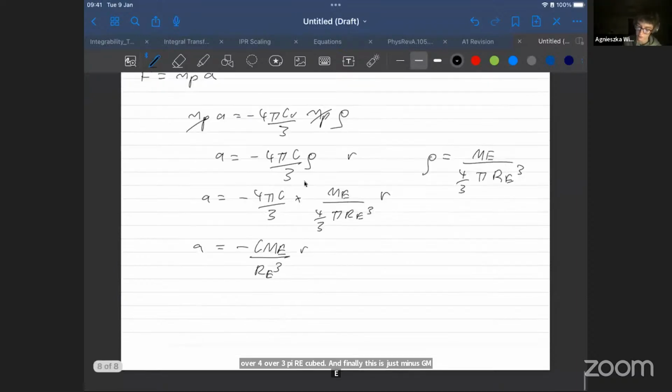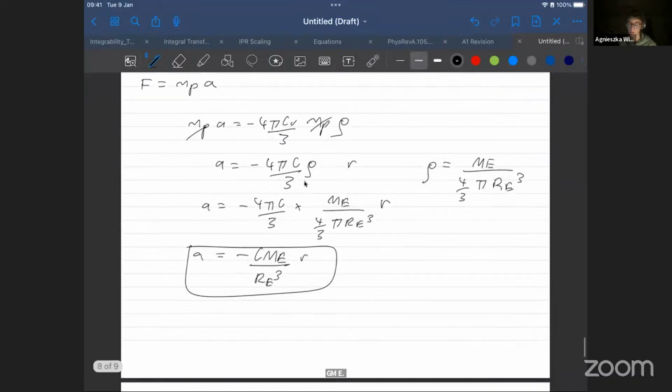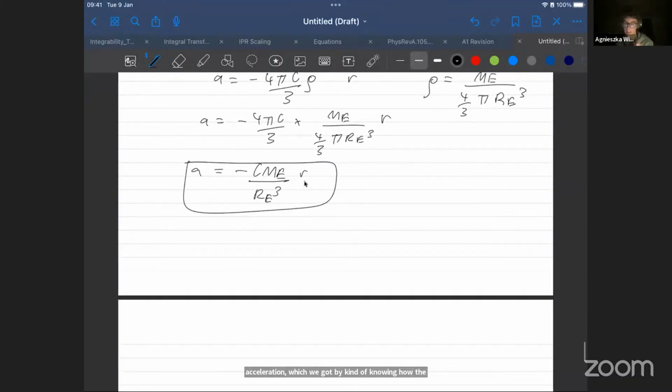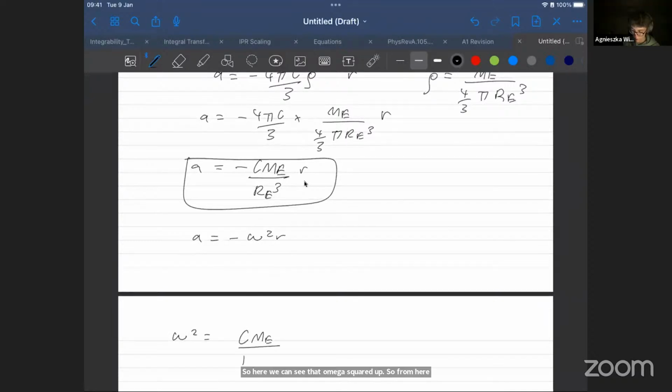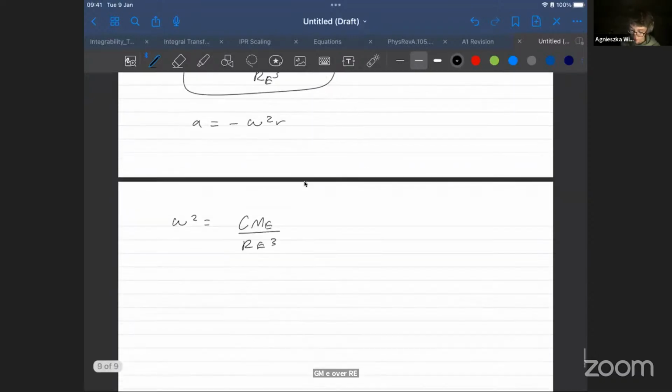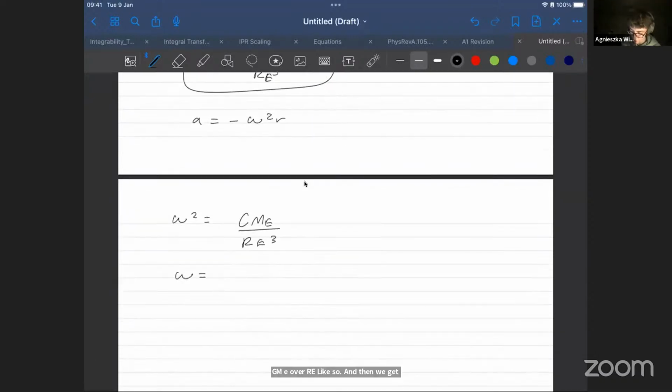So we have an expression for the acceleration, which we got by knowing how the gravity varies inside the Earth. Nice. But we know from simple harmonic motion that the definition of acceleration is that a is equal to omega squared r. So from here, we can see that omega squared is equal to G M_e over R_e cubed, and then omega is equal to the square root of G M_e over R_e cubed.